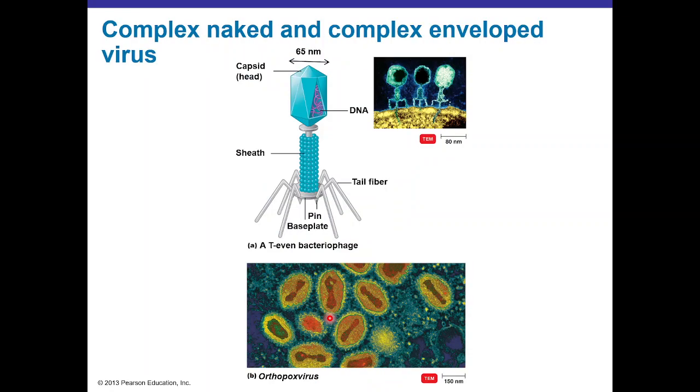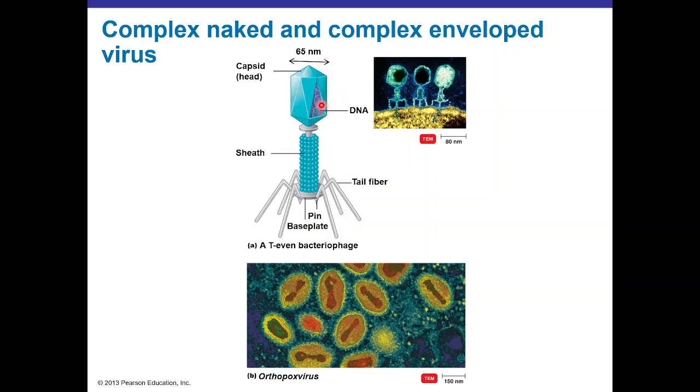And then we have complex naked and complex enveloped viruses that don't have an icosahedral or helical shape. In this case, this is a T-even bacteriophage. This is a virus that infects bacteria, and it has a head.